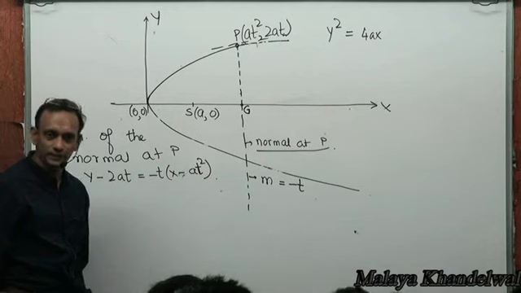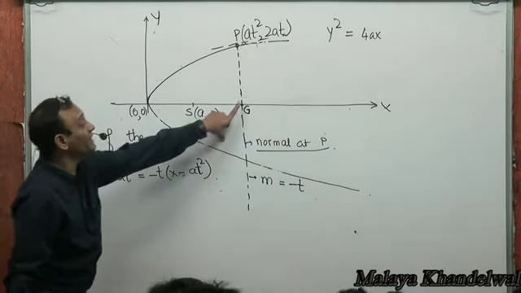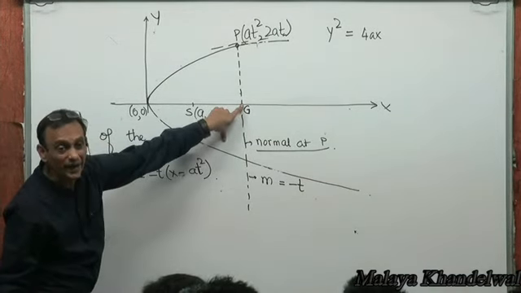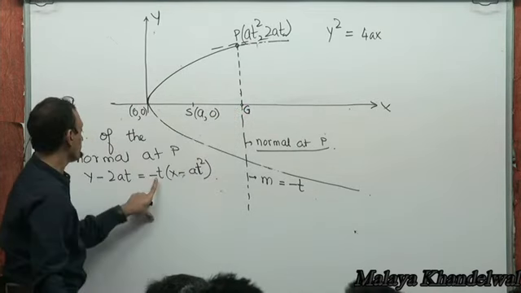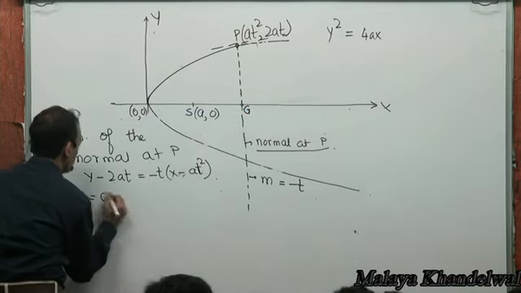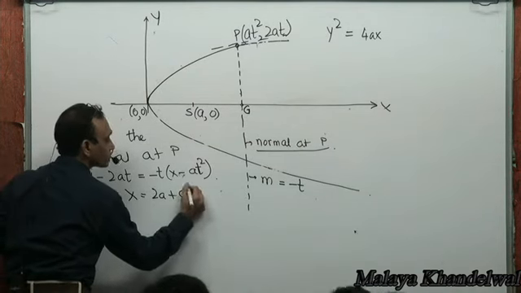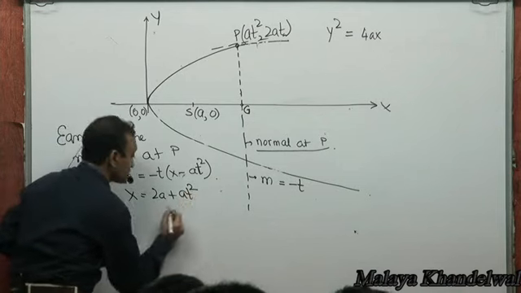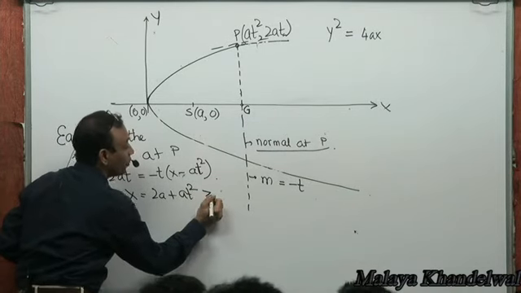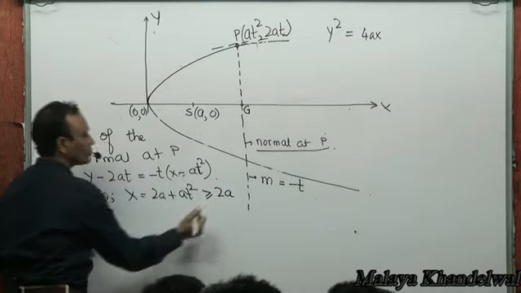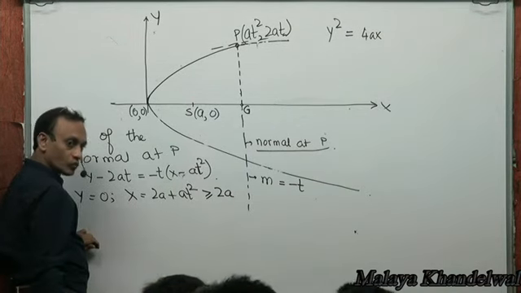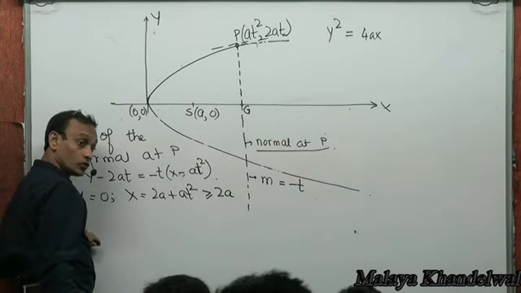That's the equation of the normal at P. Now to find the intersection with the axis of the parabola, put y equal to 0. So if you plug in y equal to 0, you get x is 2a plus at squared, which is greater than or equal to 2a always. Yes or no? Clear?